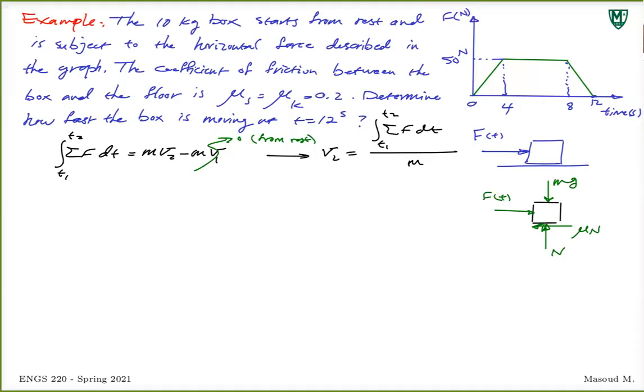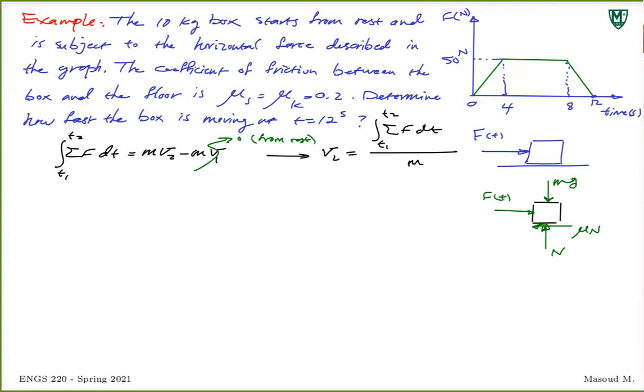We have friction right there, and the friction is stopping the box from moving at the beginning. You have to have enough force to overcome that friction and start the motion. Now, the question becomes, what is T1? T2 is the end of the motion, 12 seconds. What is T1? When does this motion start?